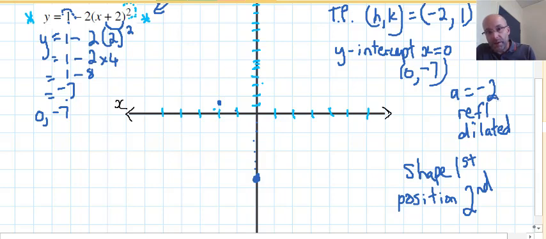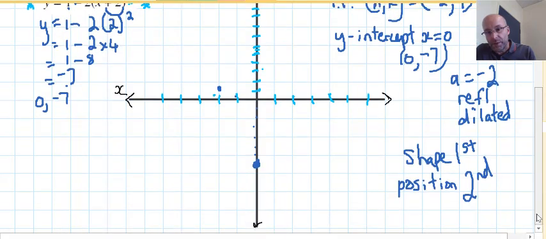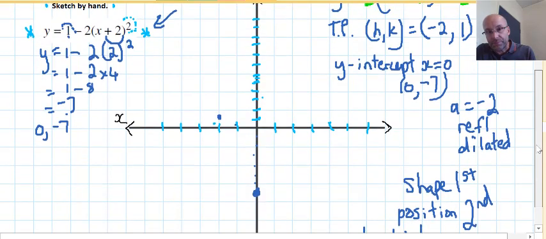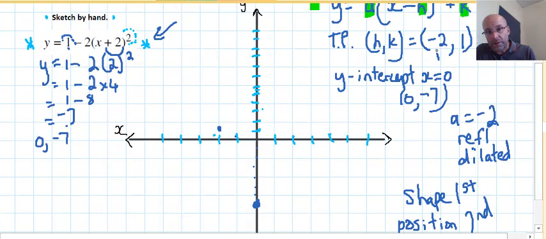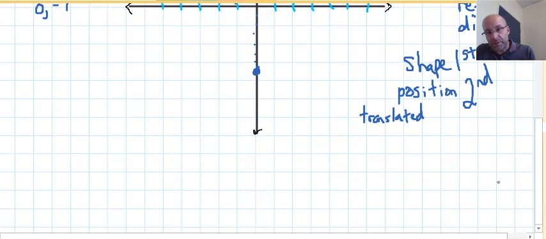Then we looked at h and k were -2 and 1. It's going to be translated sideways. Now we just saw that h, which is your sideways translation, will be moved to the left too, because it's a negative.